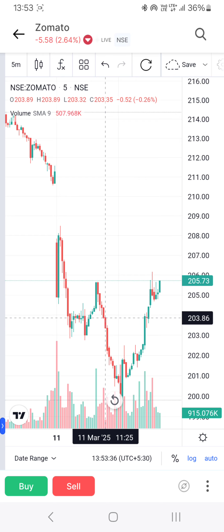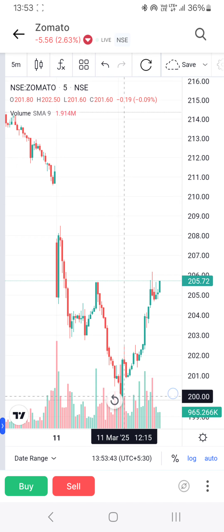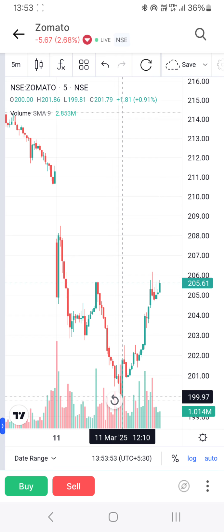After I entered, you can see it went down around 1%. At that time my real time PNL was minus 2000. That is, it was showing a 2000 loss for me while it went down to 200 rupees.